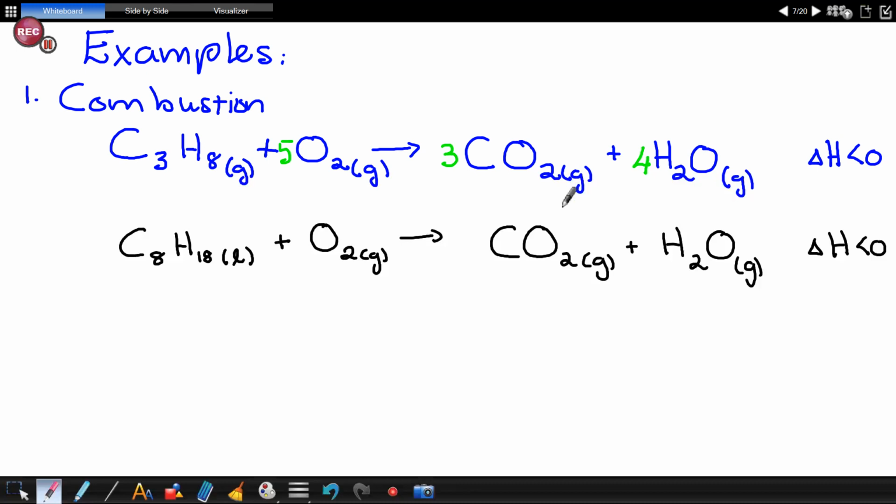The gas laws. If you increase the pressure, the gas will turn into a liquid. Right, lovies, if I start balancing this and I go for the hydrogens, I'll see that I'll have an odd number of oxygens on the product side.